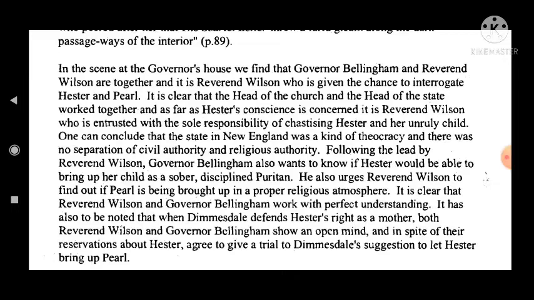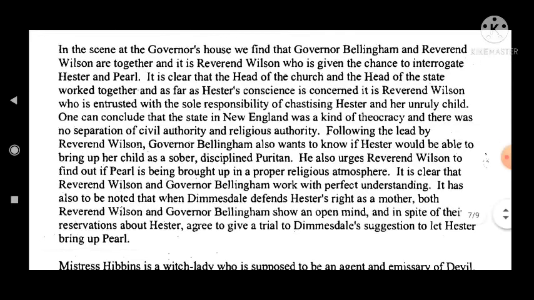It is clear that the head of the church and the head of the state work together, and as far as Hester's case is concerned, it is Reverend Wilson who is entrusted with the sole responsibility of chastening Hester and her unruly child.